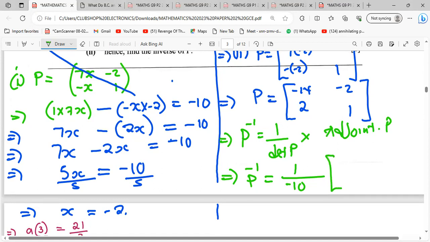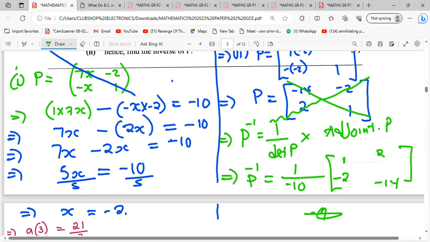For the elements in the major diagonal, swap their positions. So you have 1, 7. Then for the others, you multiply by a negative sign. So you have 2 and negative 2. And you're done. This is your answer. That is our inverse.